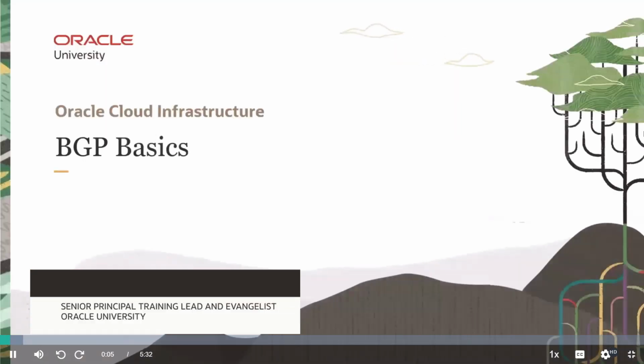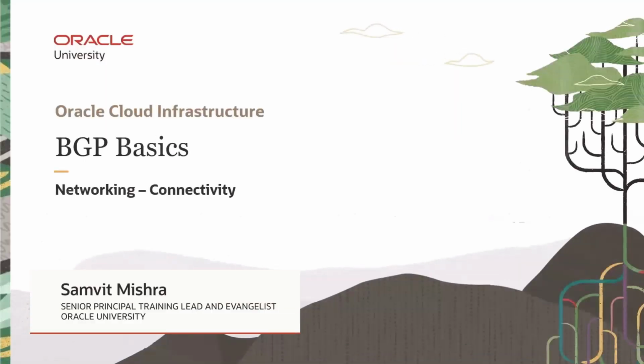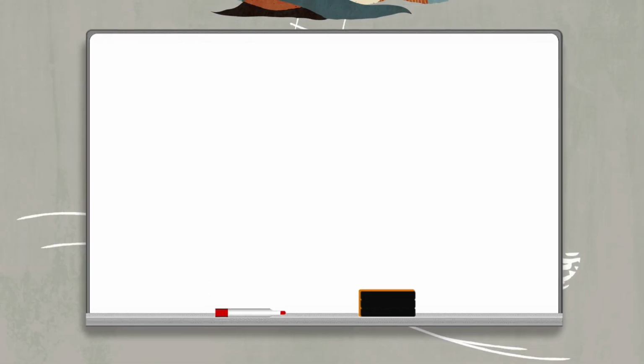Welcome to this lesson on Border Gateway Protocol Basics. So let's first try to understand what is a Border Gateway Protocol. BGP stands for Border Gateway Protocol. And this BGP determines the best network routes.